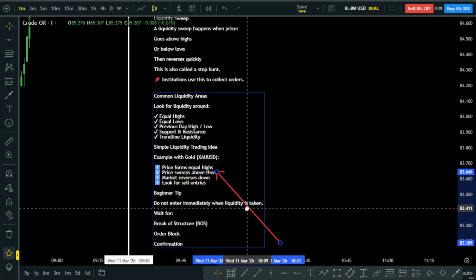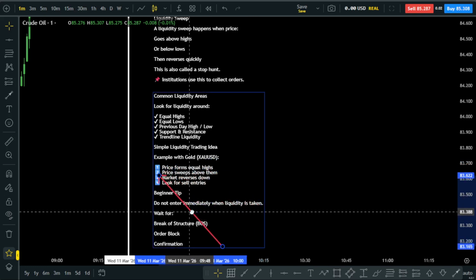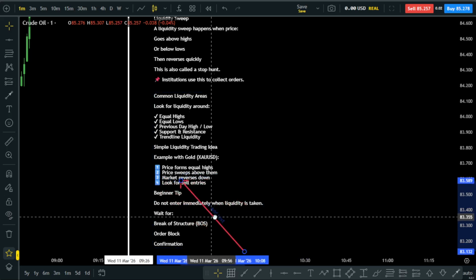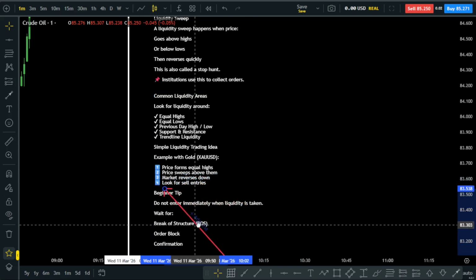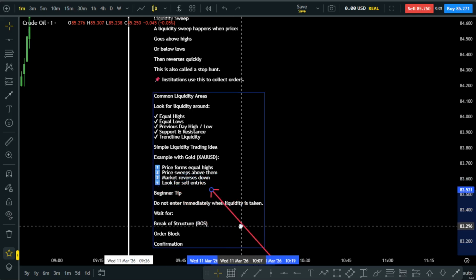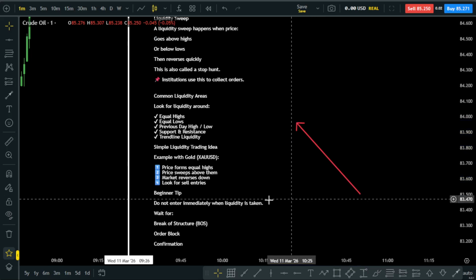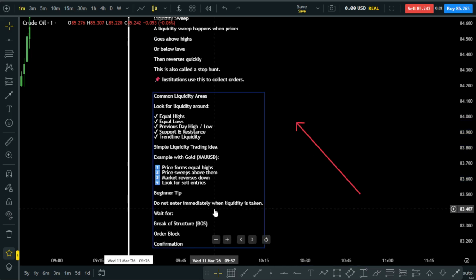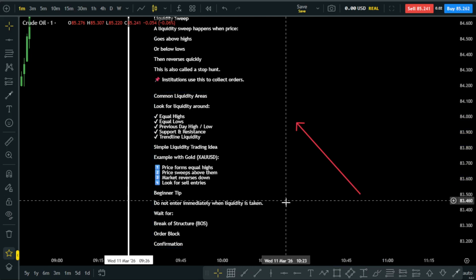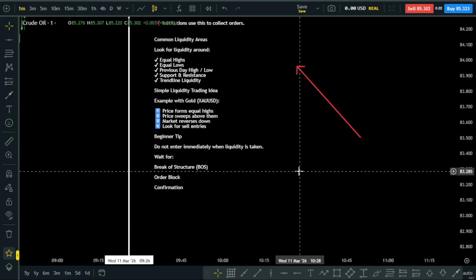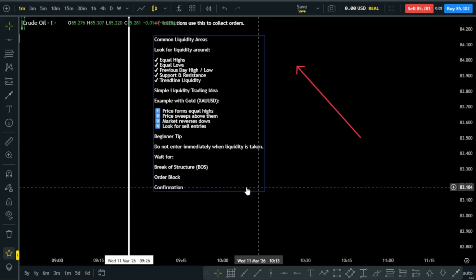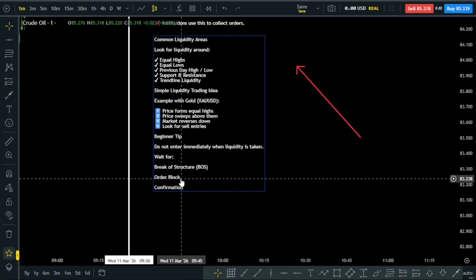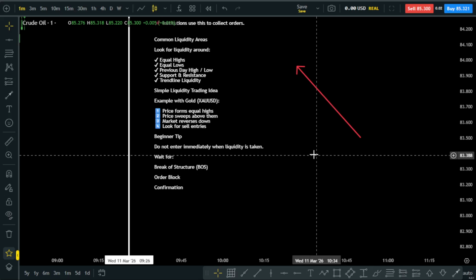Price forms equal highs. 2. Price sweeps them. 3. Market reverses down. Look for sell entries. Beginner tip: do not enter immediately when liquidity is taken. Wait for a break of structure, order block, and then confirmation, and then you can enter.